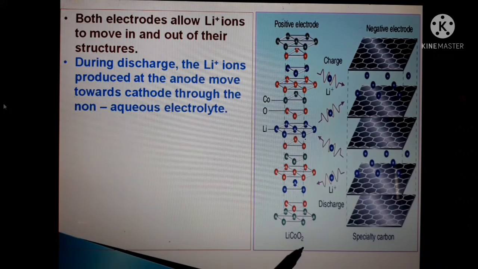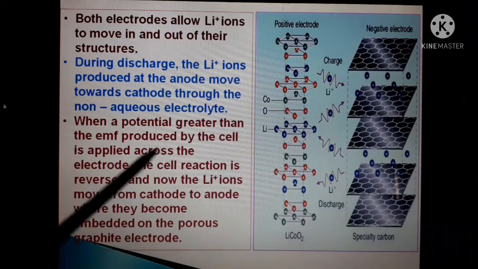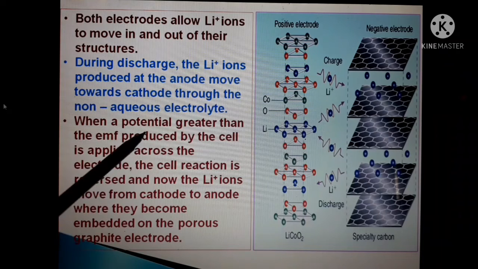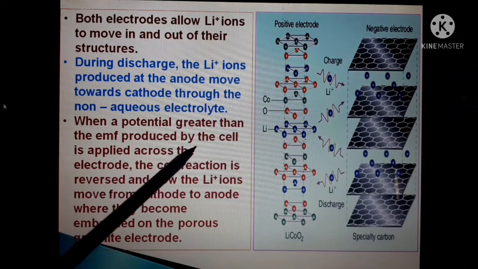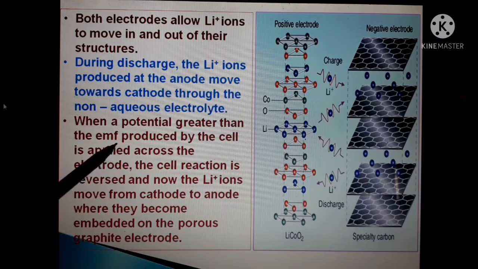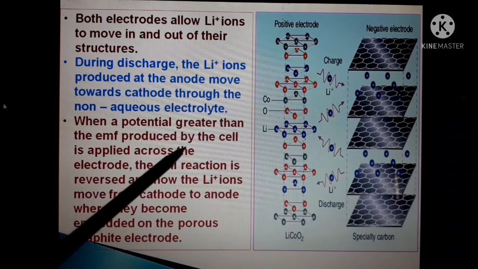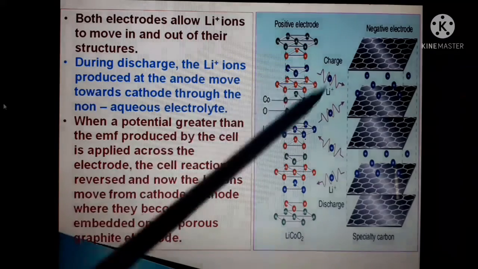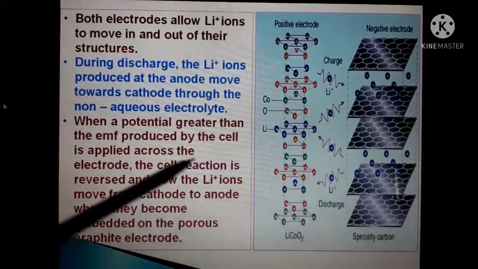Next, the condition: when a potential greater than the EMF produced by the cell is applied across the electrodes, the cell reaction is reversed. Charging and recharging take place by this method.